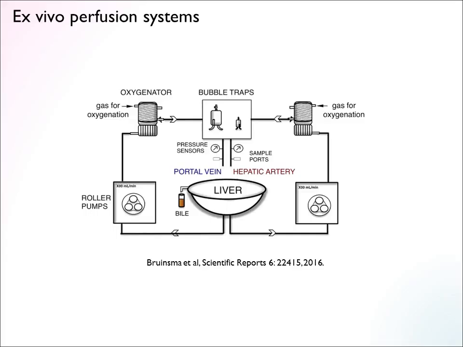The next step would be to do some type of perfusion of an actual organ. That's, of course, a way of getting at a more physiological situation. These are fairly difficult things to do, but there are groups who do it, where you can take, for example, a liver, isolate it, and perfuse it in systems. Again, trying to simulate a blood circulation and keep the tissue alive and in good condition.